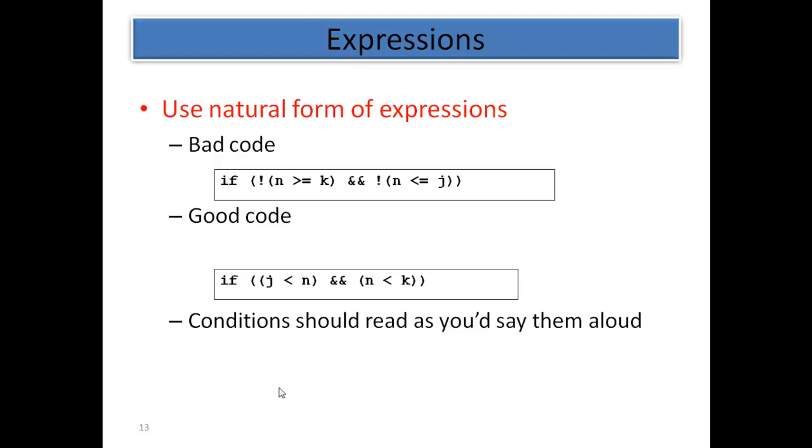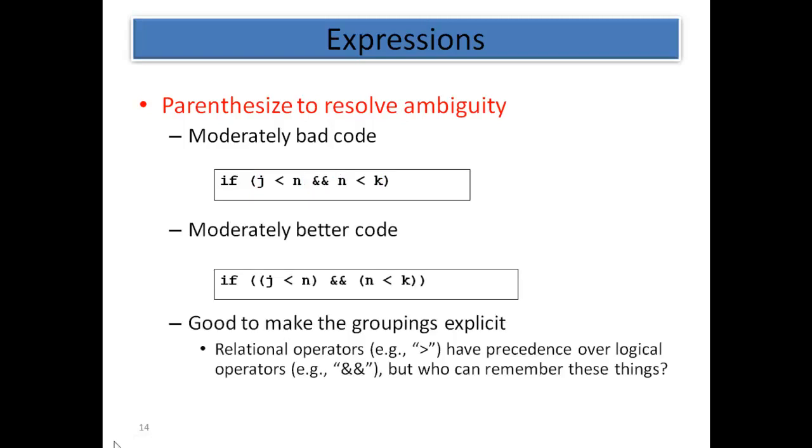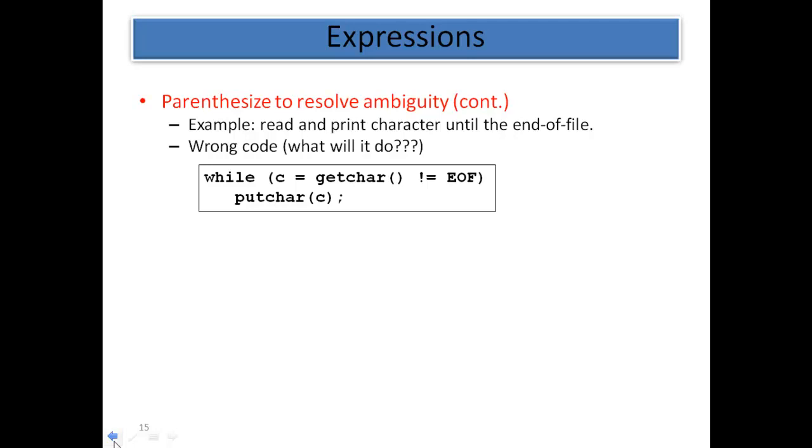Instead of checking whether j is less than n and n is less than k, the same statement has been written in a different way, which makes the condition confusing. This is a moderately bad code, because parentheses are not used here. Every condition has to be parenthesized properly, and this is what is expected, and this is how good code should look.